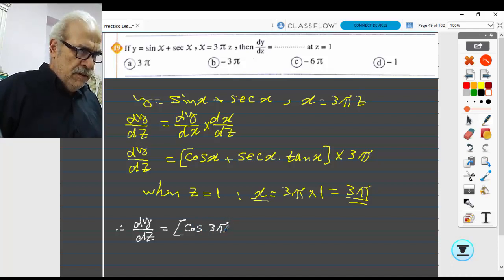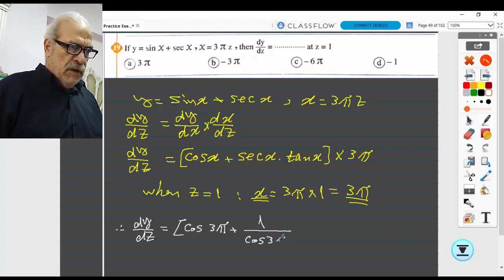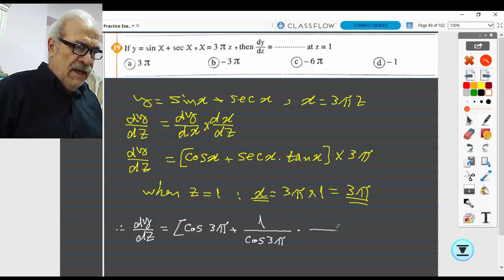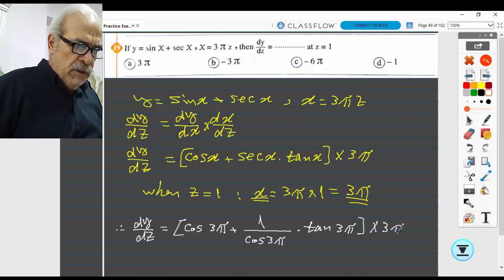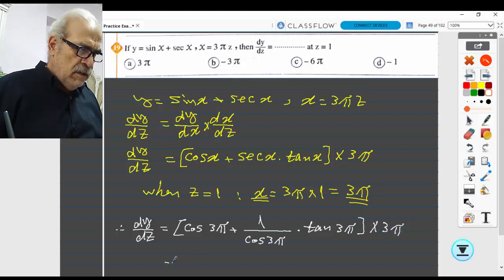3 pi plus sec. Sec, it is 1 over cosine, right? So we have 1 over cosine 3 pi dot tan, it is tan 3 pi itself, so tan 3 pi all multiply 3 pi, and you calculate it on calculator.